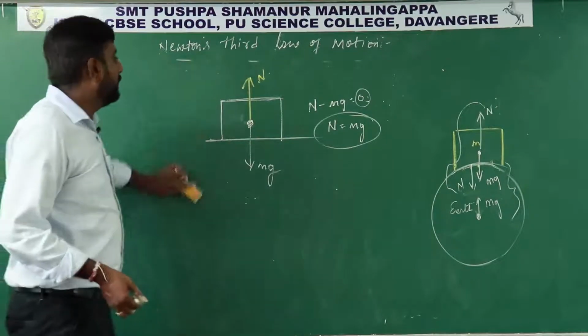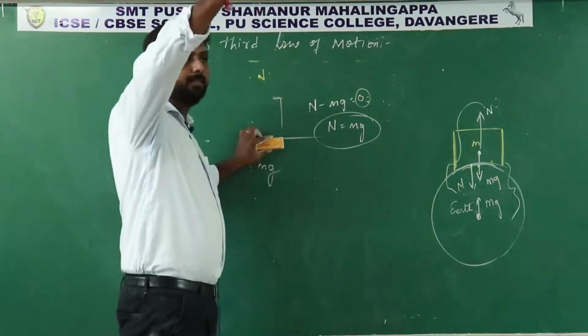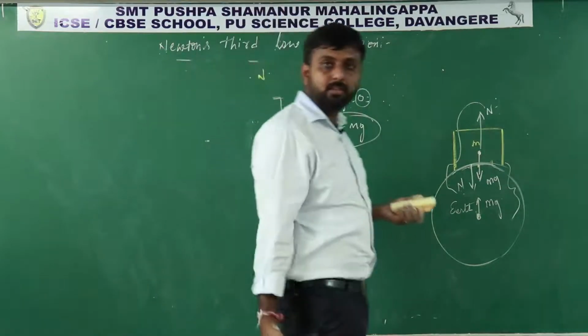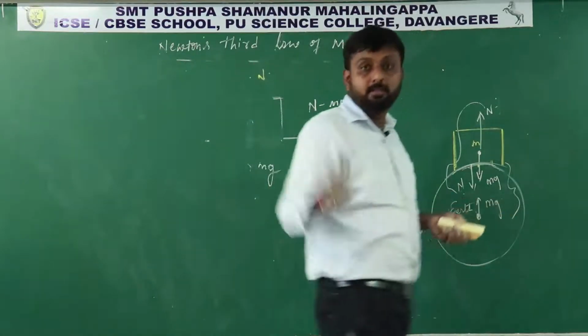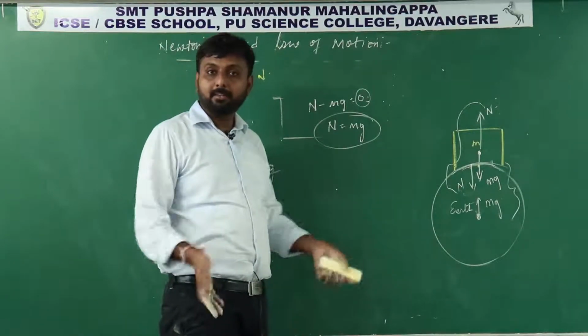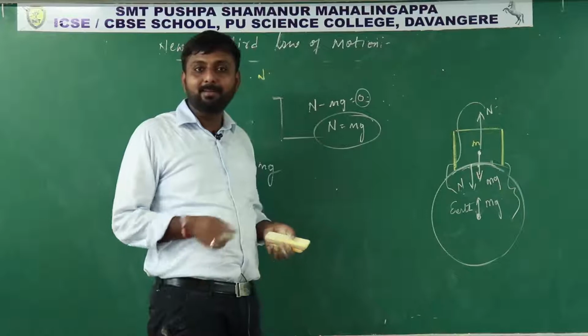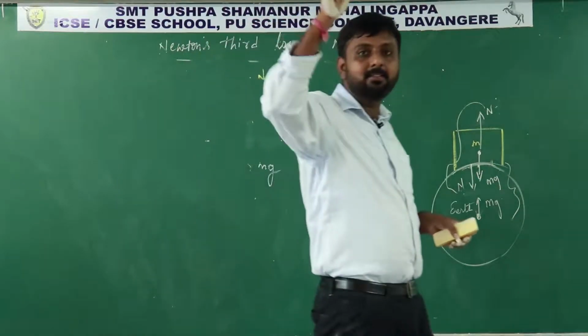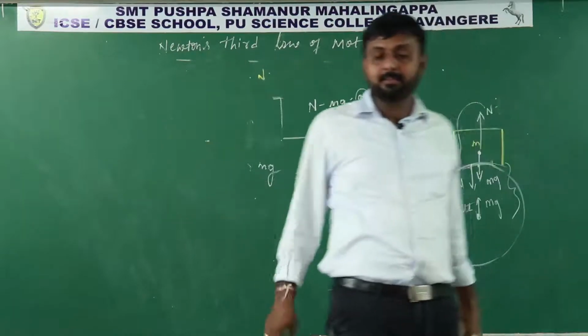I hope you understood. When an object is falling, the earth is applying force on the object. Similarly, the object also applies force on the earth, but the earth will not come upward. Why? Because this chalk piece has less mass and less inertia, and the earth's mass is very large.